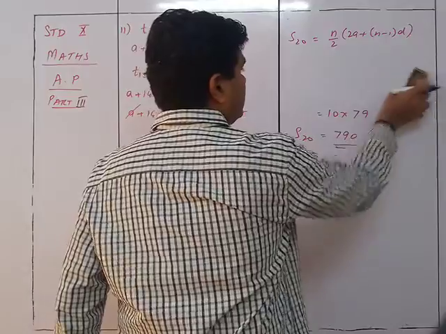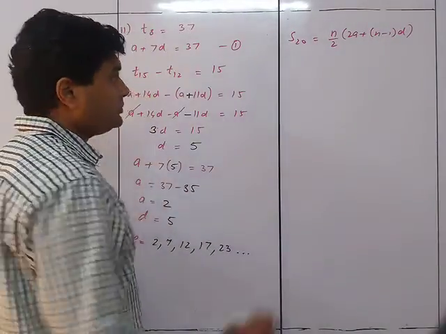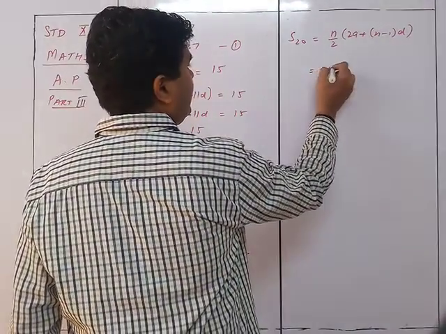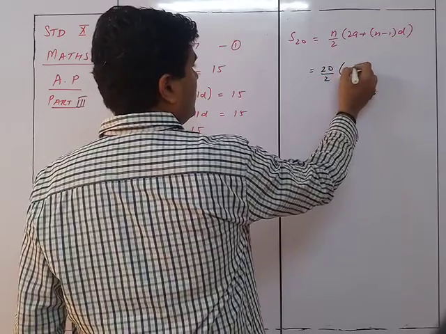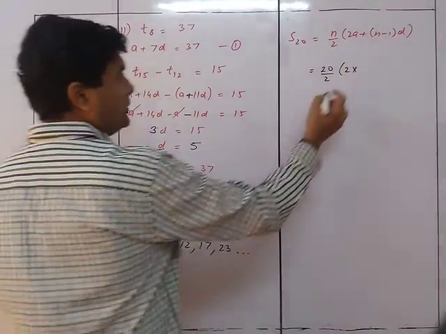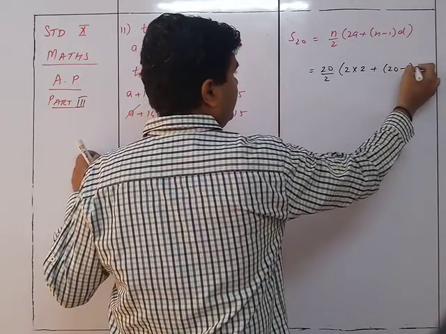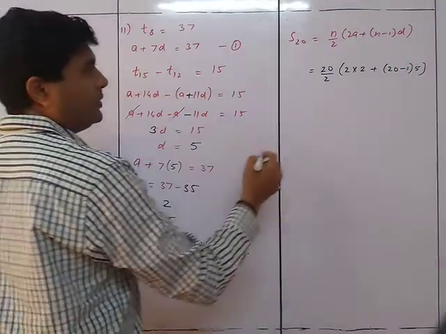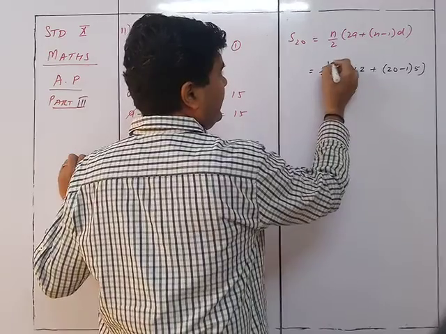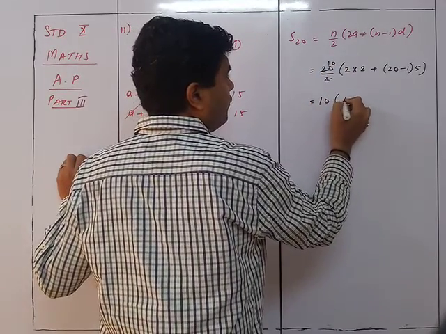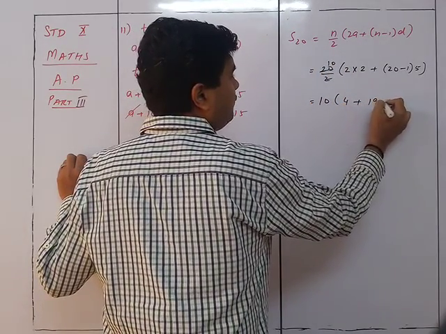Over here, complete change. The 20th term will be 20 upon 2, 2 into A is 2 now, plus n minus 1 is 20 minus 1 into D is 5. Right? So this gives me 10 into 4 plus 19 into 5.